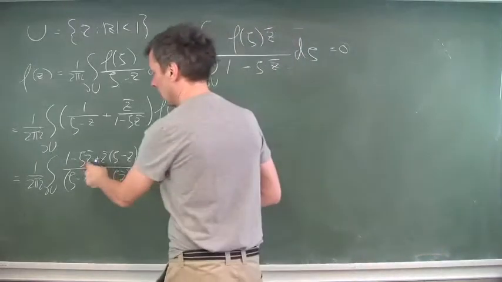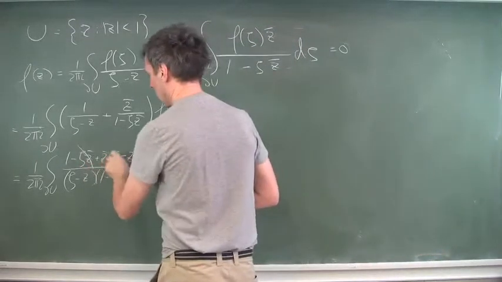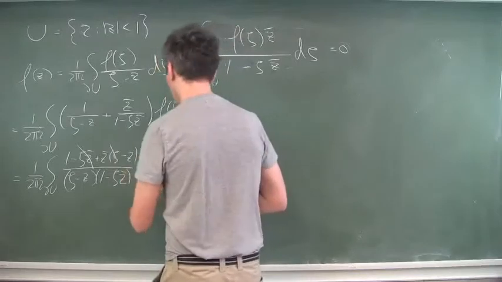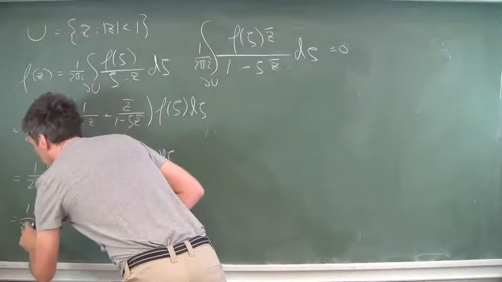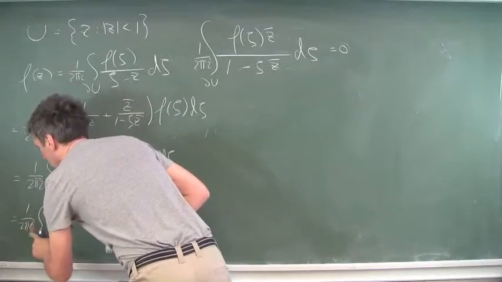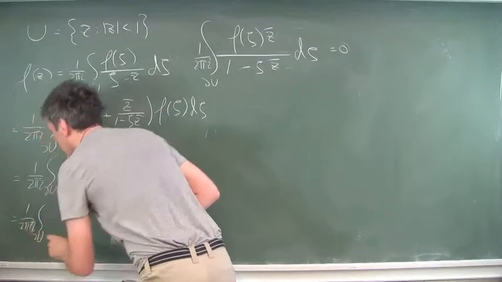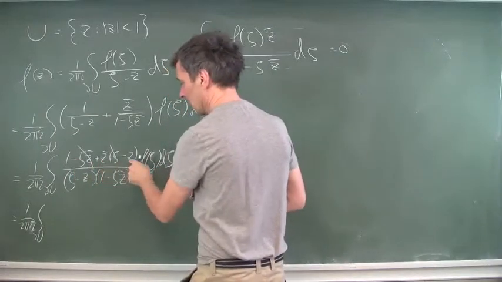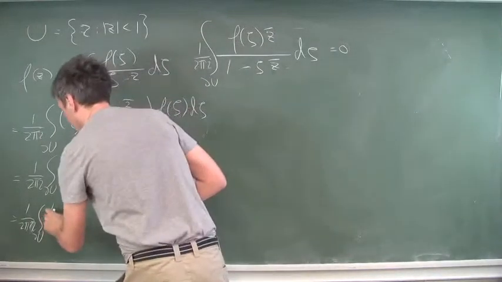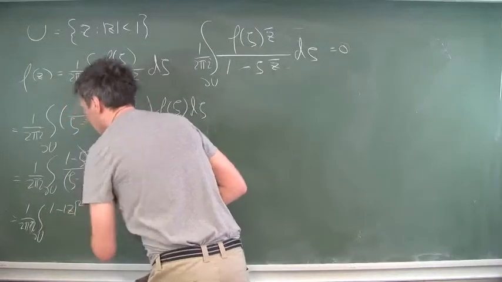And now we observe that this term will cancel out against that one. And so what we're really left with in the numerator will be 1 minus z conjugate times z. So it will be 1 minus the absolute value of z squared.